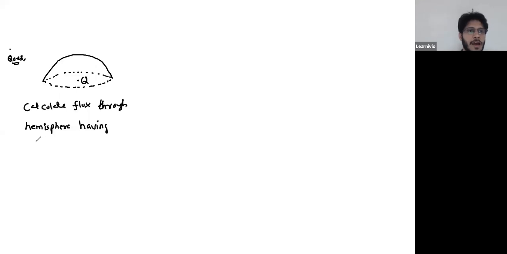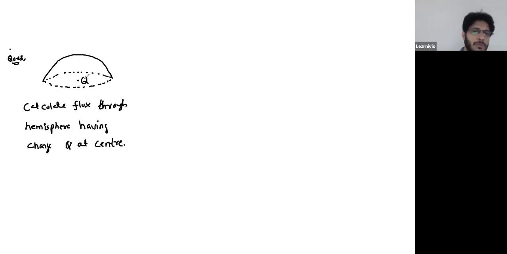At the center of the hemisphere, you place the charge Q. Can you calculate the flux through the hemisphere? You are supposed to calculate the flux through the hemisphere having charge Q at the center.